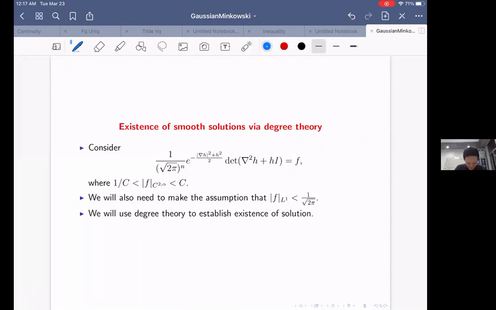All right. So in our solution, we will consider this equation, and we assume there is a constant C such that the C^{2,alpha} norm of the data F is controlled by the constant C. We also assume that the total mass of F is smaller than 1 over square root 2 pi.